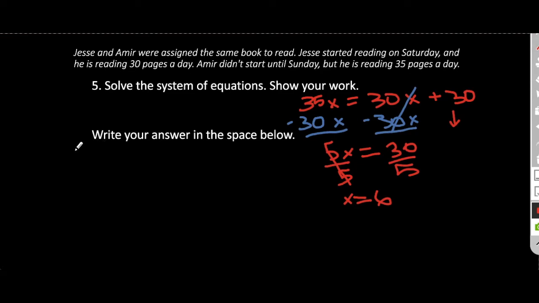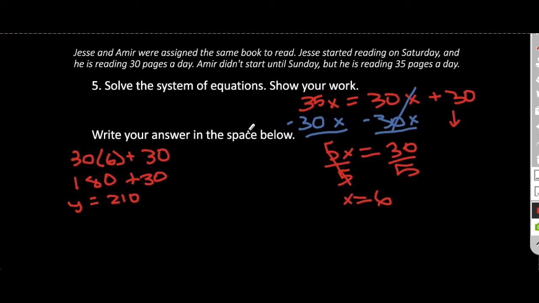I can go 30 times 6 plus 30. 30 times 6 gives me 180 plus 30, that gives me 210. So when x is 6, y is equal to 210.